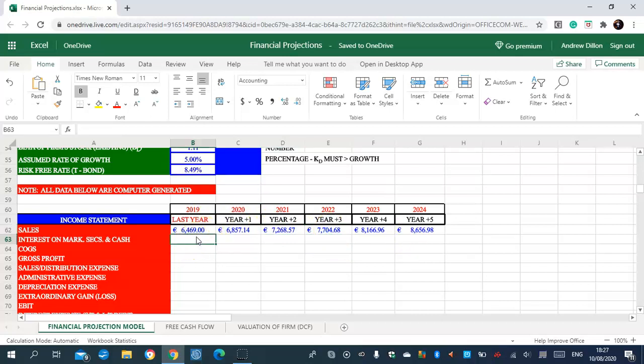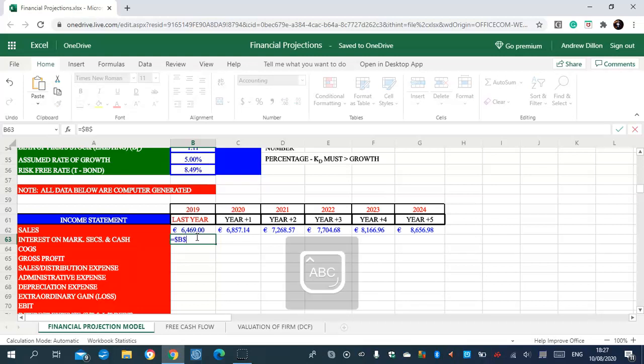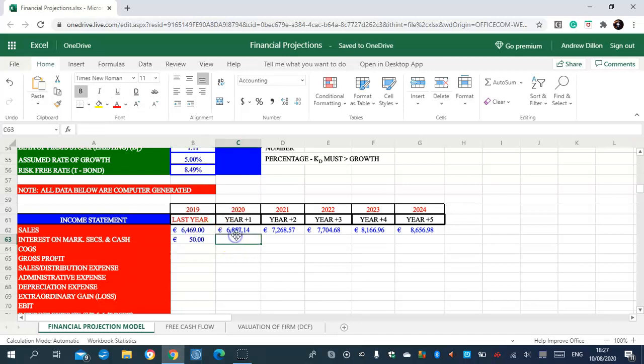Okay, next is how to find the interest and market securities and cash. Now the first one will be equals $ sign B $ sign 10. Next one is going to be different compared to the last sum function table. $ sign C13.